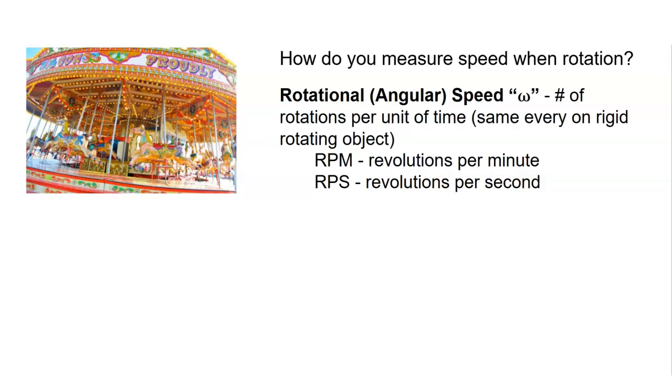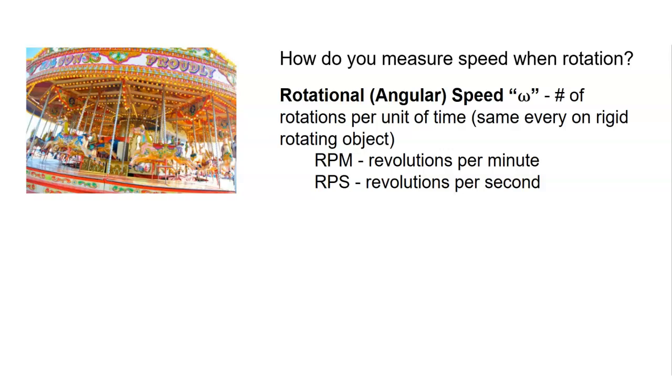So if you look at an individual horse, how long does it take for it to go all the way around? It doesn't matter which horse you sit on. It could be close towards the center or closer towards the edge. It will take the same amount of time to make a complete circle. Now, the horses towards the outside are going to travel a bigger distance.